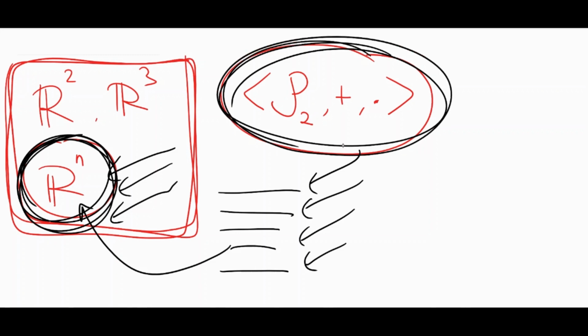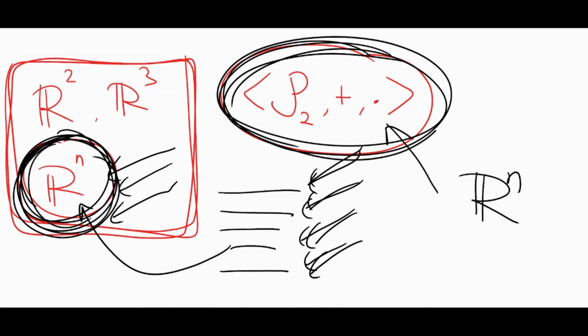So we look at some stuff that looks very different from Rn, but as long as it satisfies those 10 main properties for what it means to be in Rn, then we say that this is essentially like Rn, and we call this a vector space, right?